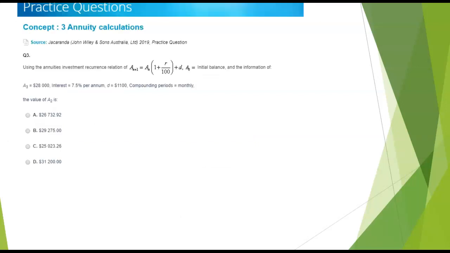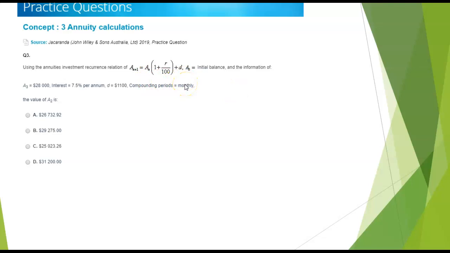Question 3. Using the recurrence relation, they've given us the equation where D is, calculate the second value. So D is $1,100. Our interest rate is 7.5% nominal interest per annum compounding monthly.